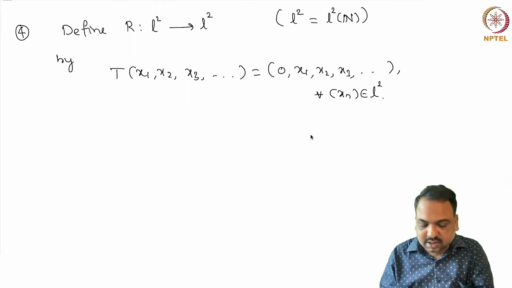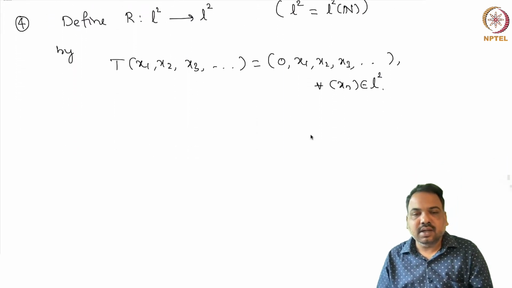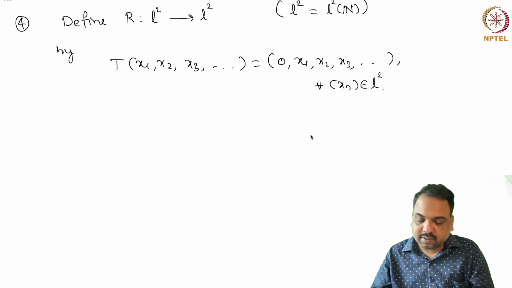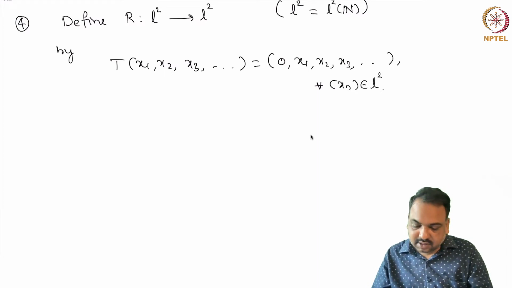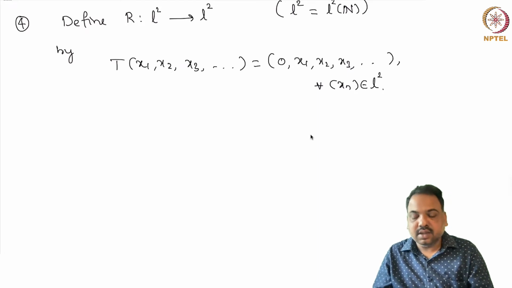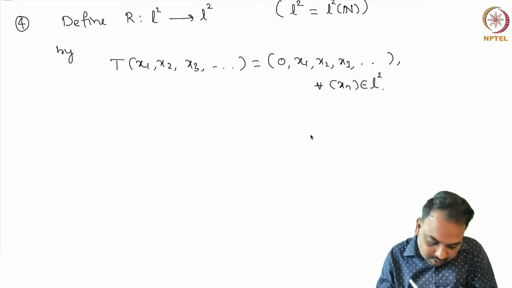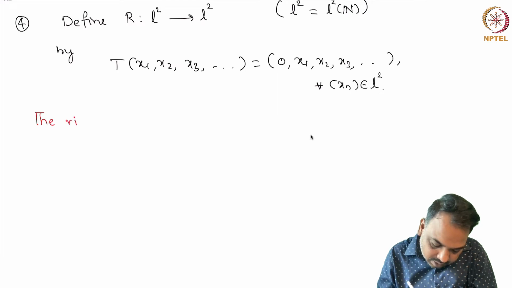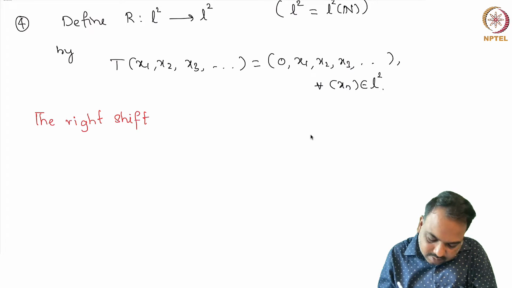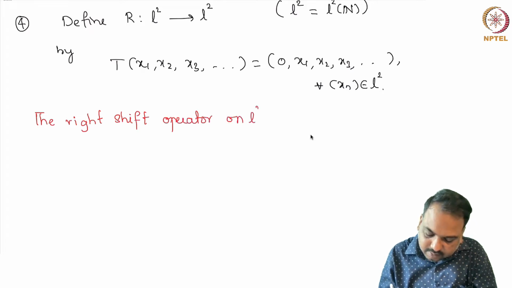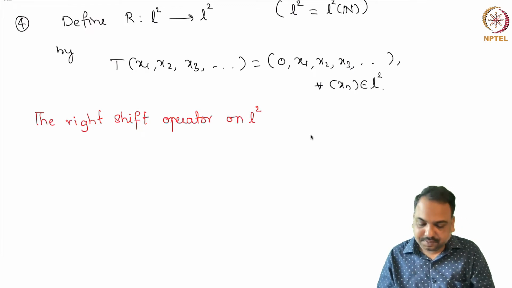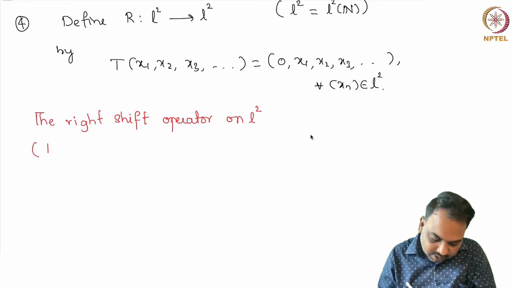Again, we can check that this map is linear, and this map is known as the right shift operator. The reason for this is that it shifts one unit to the right every time, so that's why it is called the right shift operator. This is also known as the unilateral shift operator.